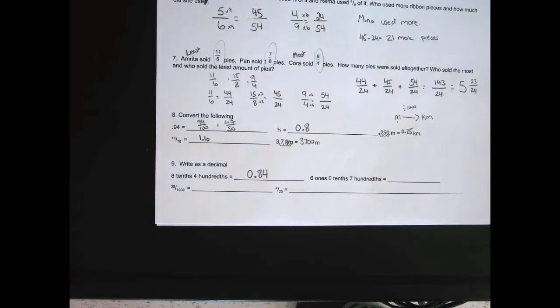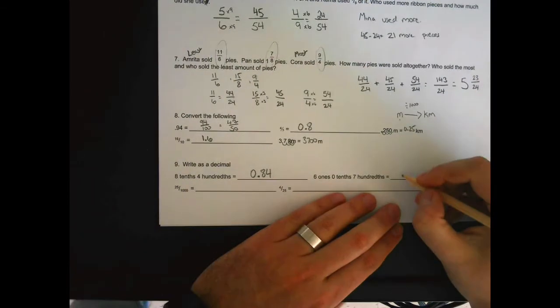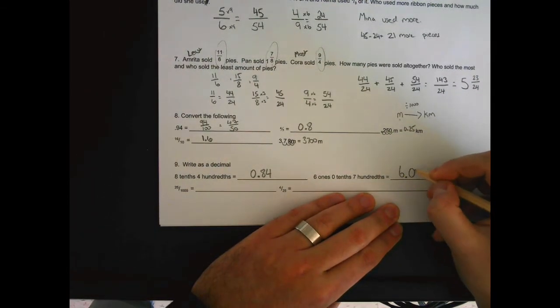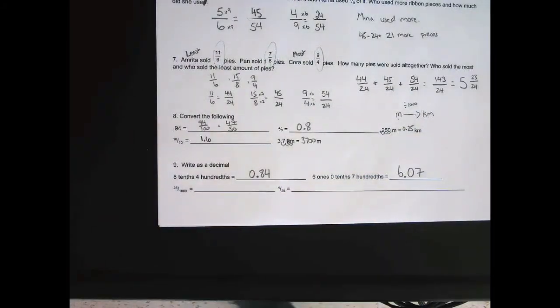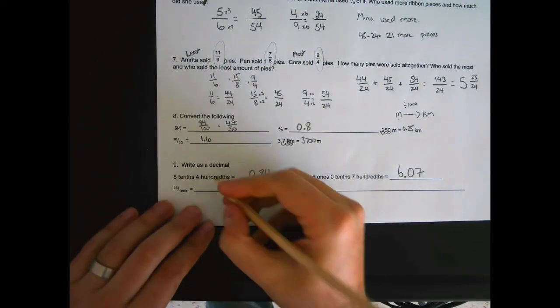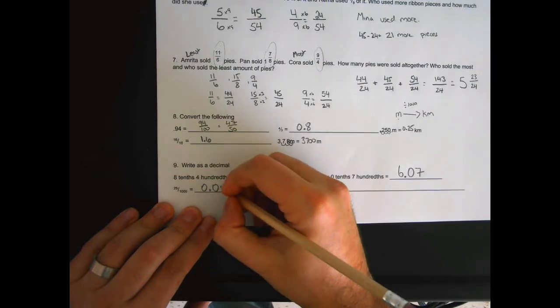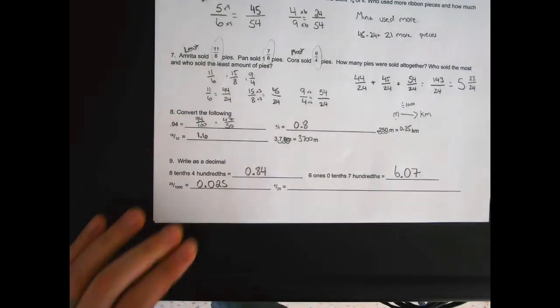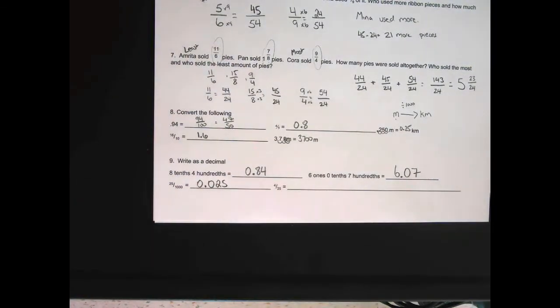What does my answer look like in decimal form? 6.07. What about 25 over 1,000? What will that be in decimal form? 0.025. And lastly, 4 over 25.